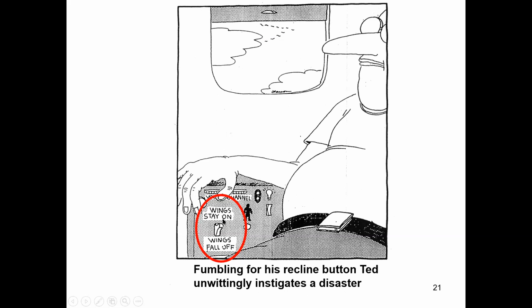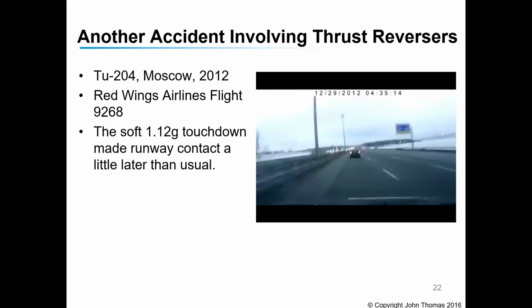All human behavior is affected by the context in which it occurs. Here's another accident involving thrust reversers. This was a Tupolev aircraft in Moscow in 2014. There was a soft touchdown, which made runway contact a little later than usual.